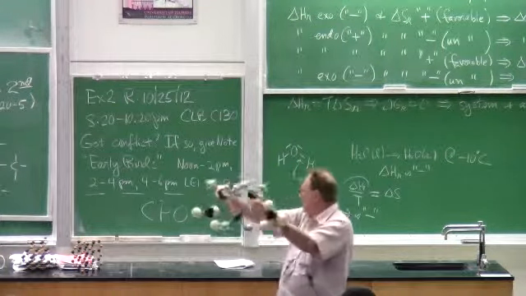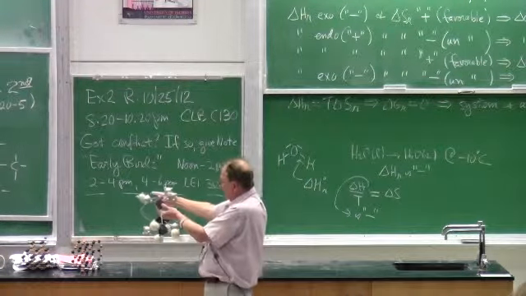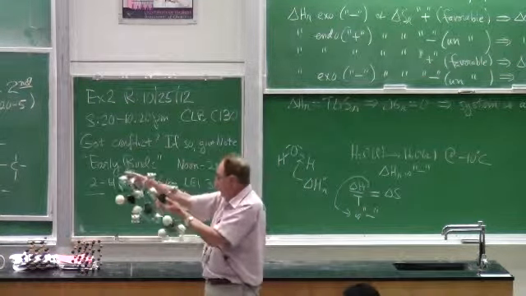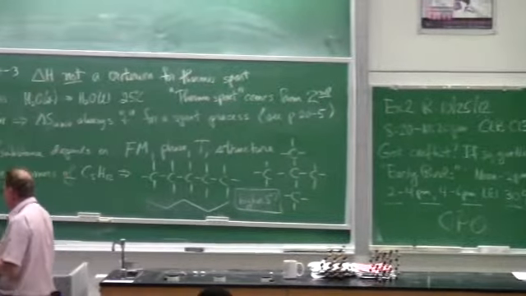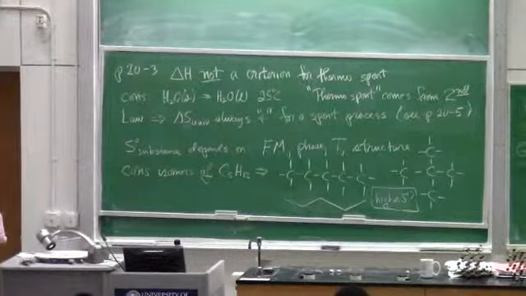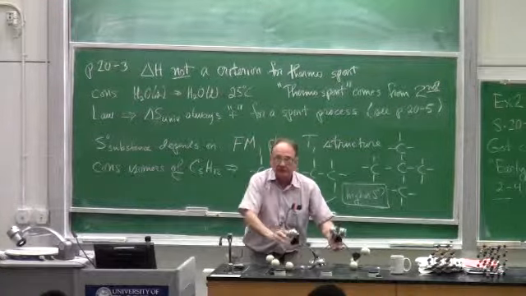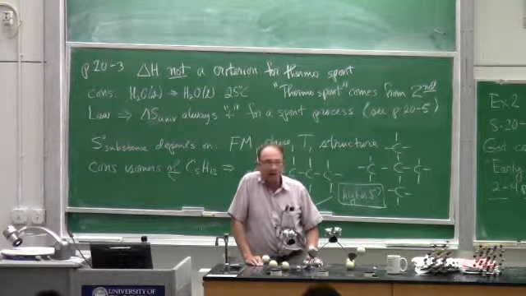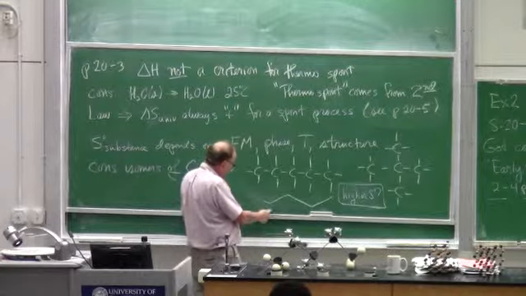So if I show you the model and then show you how the organic chemist will draw this structure on the board, zip, zip, zip, see? Because all they refer to, the organic chemists, when they draw these pictures, and you're going to do this extensively in organic class, if they're only interested in the relative geometries of the carbon atoms with respect to each other for a molecular structure, they draw it like this.